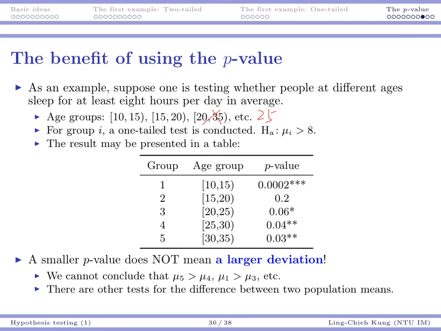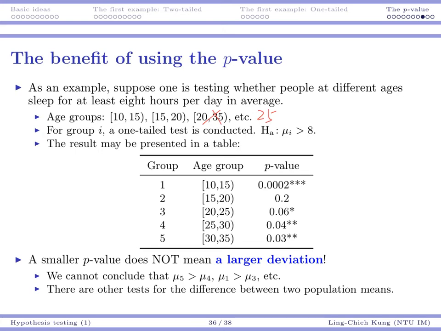One important thing to remind you is that a smaller p-value does not mean a larger deviation. We cannot conclude that mu5 is greater than mu4 because 3 is less than 4. We cannot conclude that mu1 is greater than mu3 because the p-value for group 1 is less than the p-value of group 3.